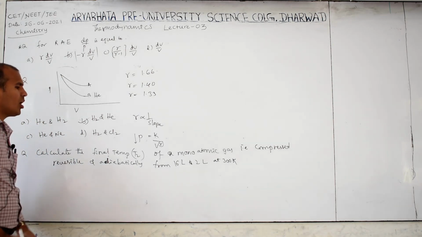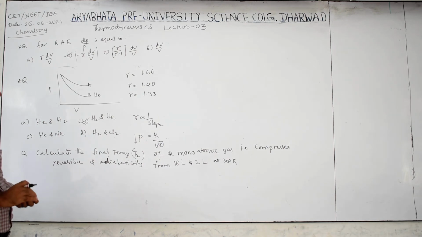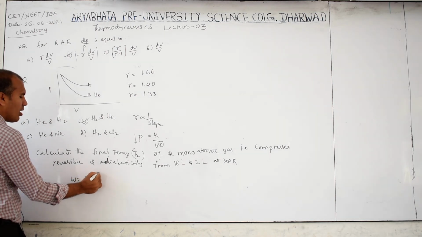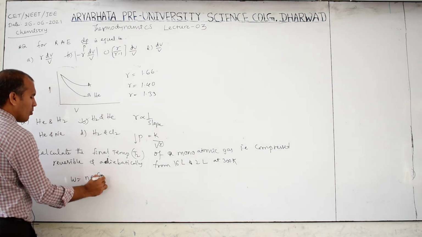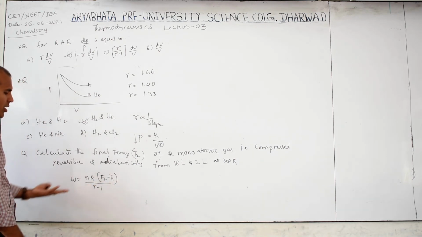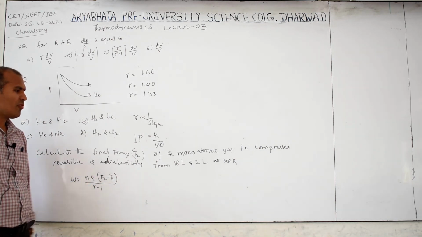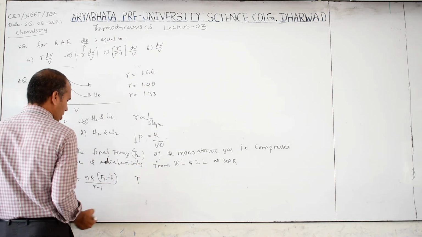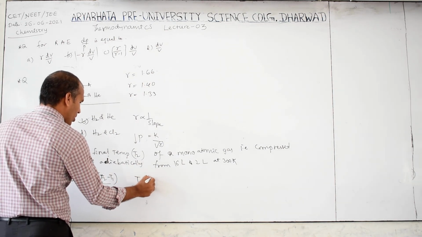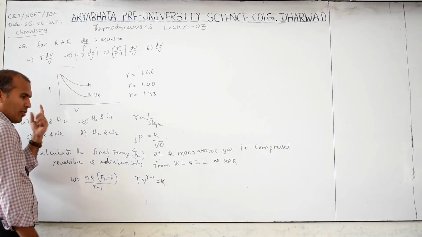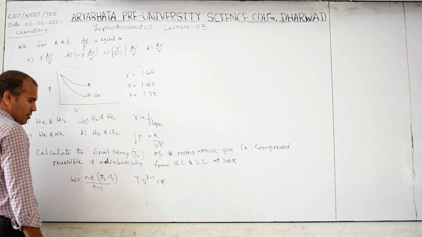Then how to solve this? They are asking the final temperature. We know that W is equal to nR(T2 minus T1) by gamma minus 1, but here the volume formula is not there. Therefore I gave this formula, T V power gamma minus 1 is equal to K. I already gave these three types of formulas.